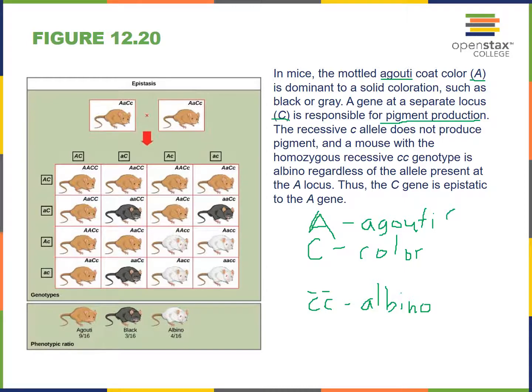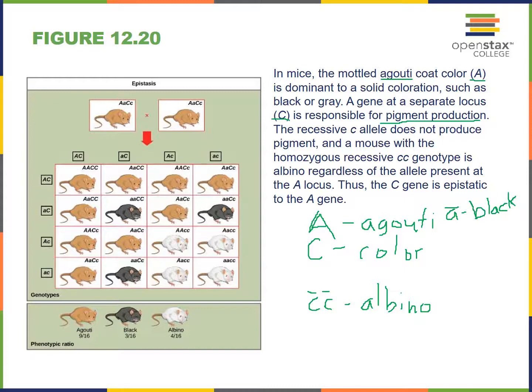If there's a little a, then you're going to get a black color. It's really a super dark gray, but we'll call it black.